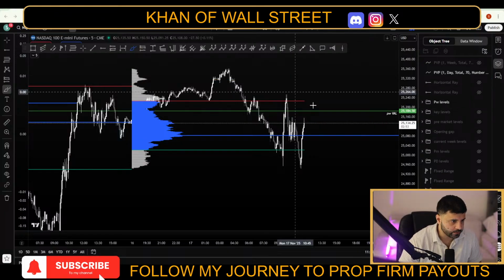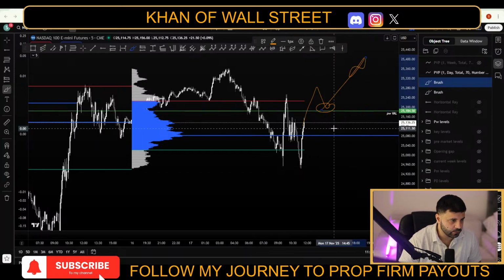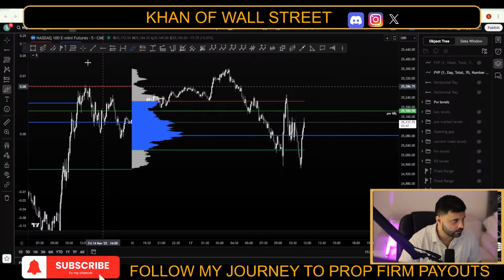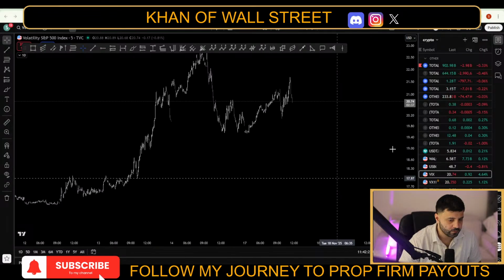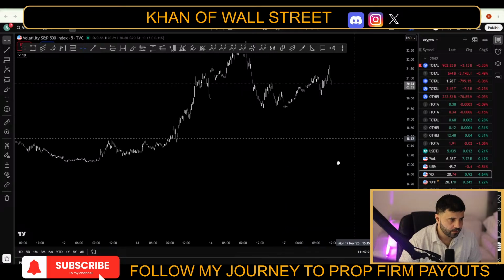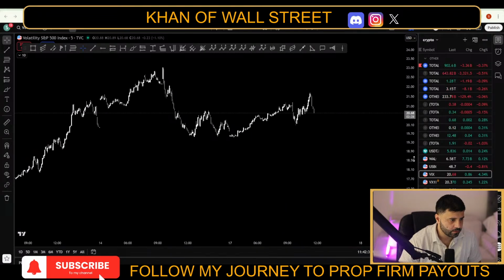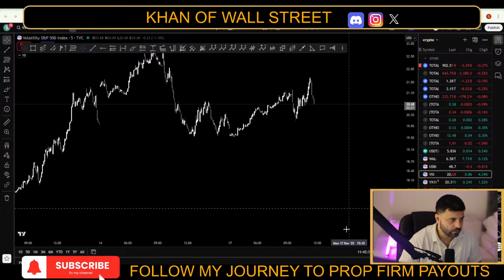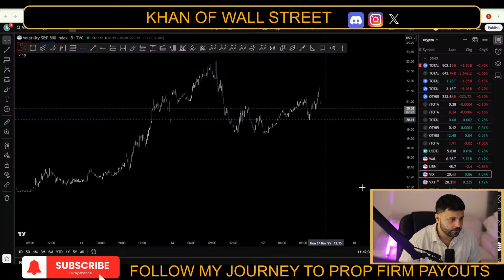Like I said, I want them to really get above this previous week value area low and then start moving higher. Hold it, right? That's what I want to see. I want to see VIX coming down.